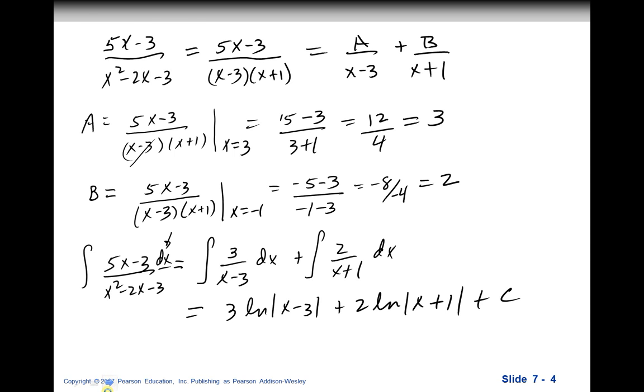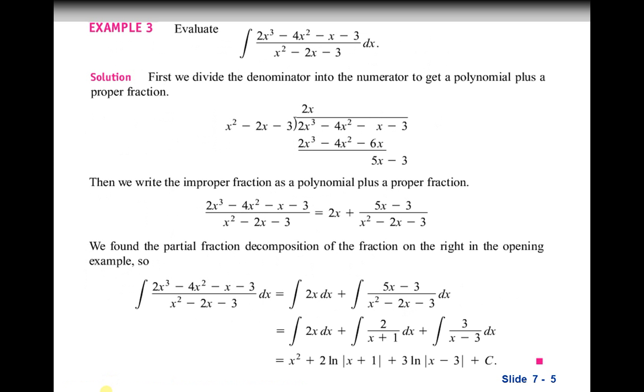Now, I want to illustrate something that Heather was alluding to.